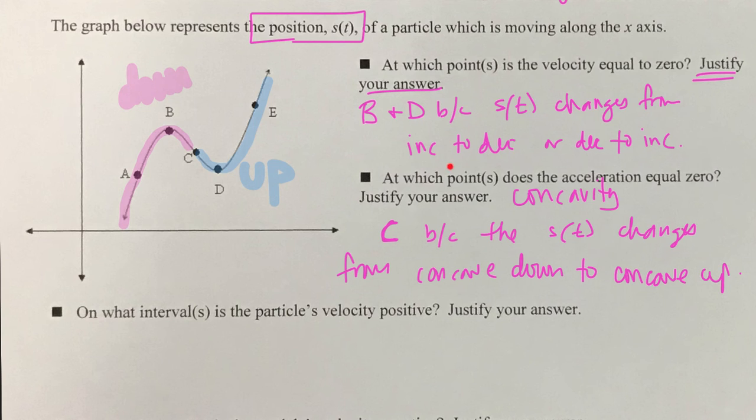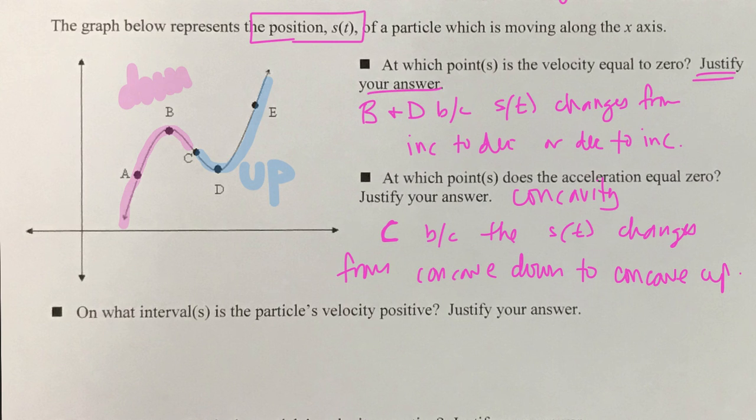Whenever we change from increasing to decreasing, we're going to have a 0, and that's the verbiage for a position graph. If this were a velocity graph, we would have positive slopes and negative slopes, and that would tell us the reason. And then at point C the acceleration is 0, because that's where your graph changes from concave down to concave up. We start from an N and we'll start making a U at point C.